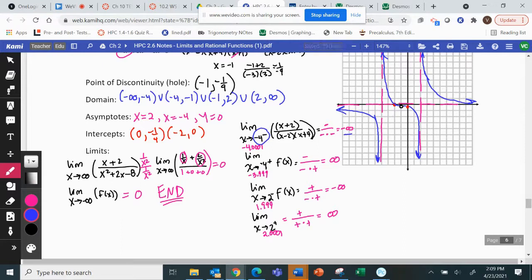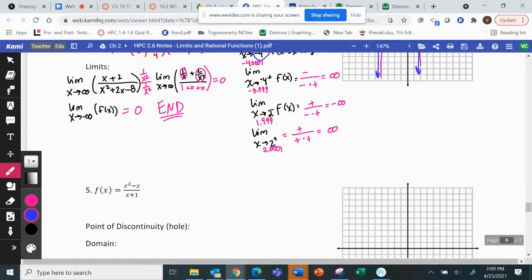When we are finding the horizontal asymptotes using limits, we're only finding what happens at the end. We're not finding prior to the end. We're finding what happens at the end. So it can pass through, which is why we need those other limits. You guys have questions?